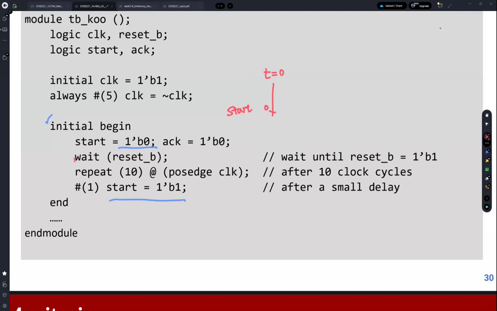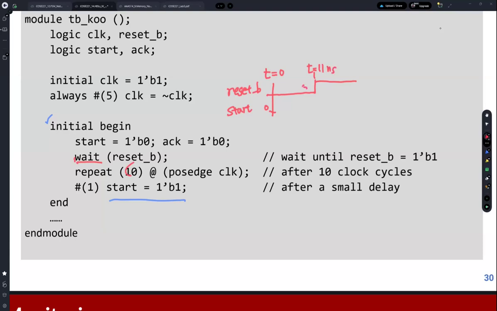You can find wait and reset_n on the B. So what does that mean? We wait until this condition is true. This is the reset_n signal, and let us assume that it changes at this point, like t equal 11.